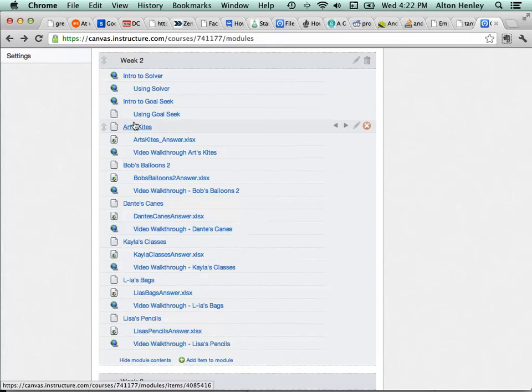If you can't figure the case out or you get stumped, then go ahead and look at the answer file and then go back and try the case again. If even looking at the answer file you're still stumped, then go ahead and do the video walkthrough. It's pretty much the same thing I would do if someone came into my office and they wanted to understand what was what. I give them the same level of explanation, and we will endeavor to have that for every single problem that we do in QBA.